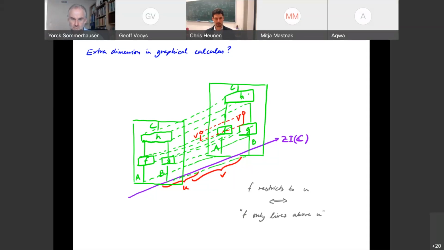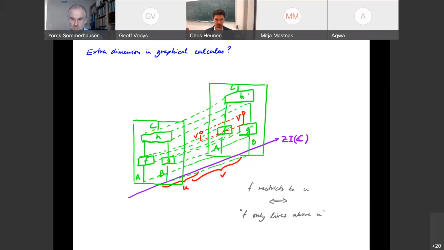We have diagrams in there as before, but there's now this purple third dimension that is the central idempotence of C. And if I have 2 central idempotents U and V like there, I can restrict morphisms to U and V. So that means I get a picture like this. And you should really think about F restricts to U as saying that F only lives above U, and outside of that it's empty.